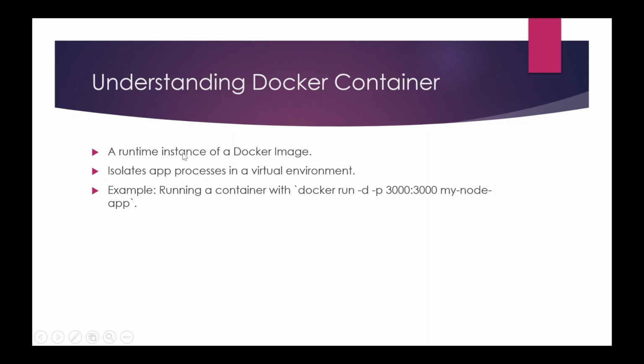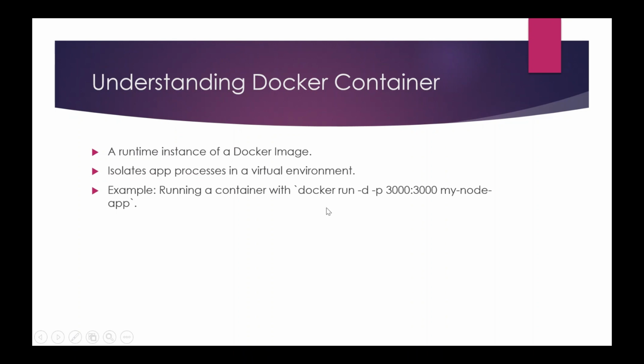The Dockerfile is the first step where you write all the instructions for your Docker image, and after that you build that image with the docker build command, and one image will be ready. You can store that image somewhere in a public repository like Docker Hub, and even in private repositories like Azure Container Registry.